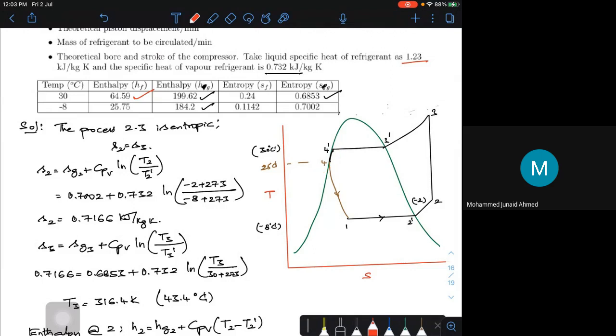That is your subcooling, so that has to be subtracted. Then I'll be getting the H4.